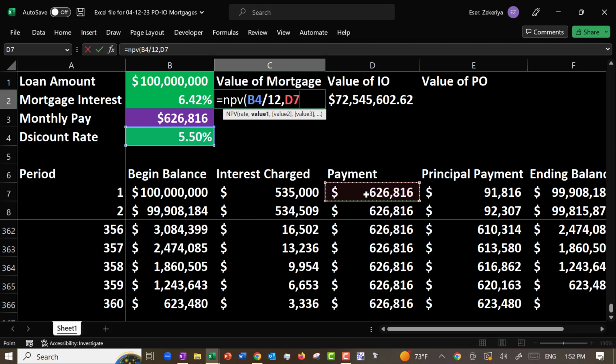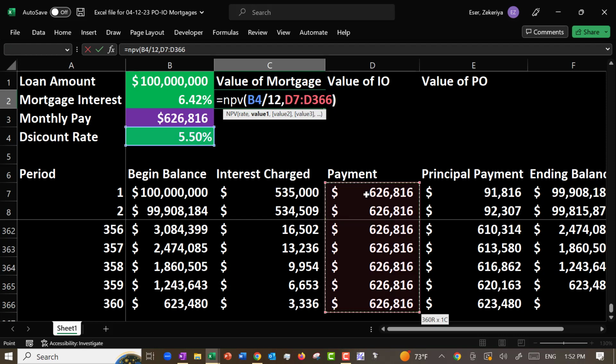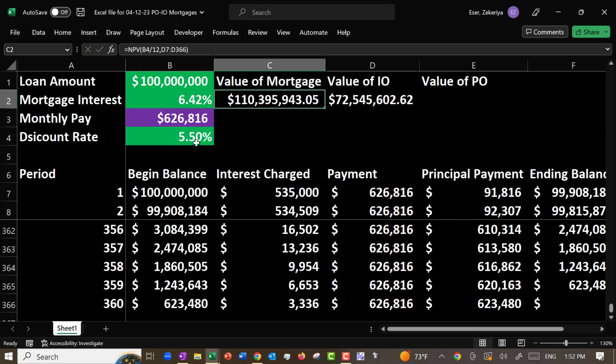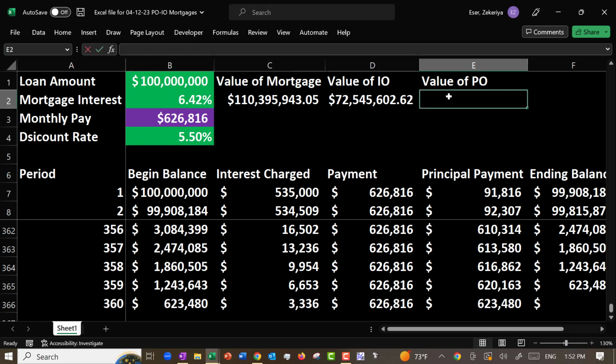All the payments. Since I'm discounting at a lower rate than the stated rate on the mortgage, obviously that's more. And value of PO is simply the difference.